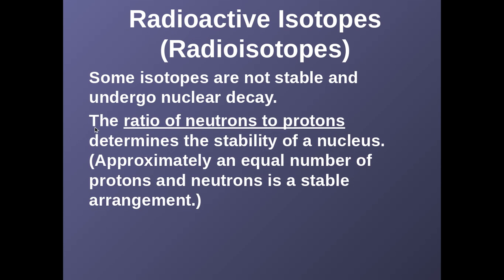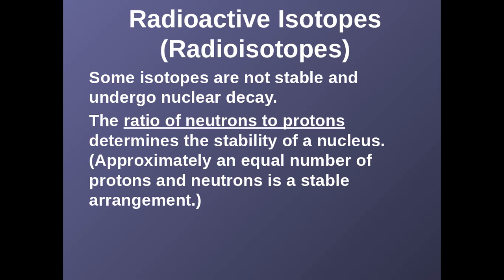The way that you can tell if an atom is going to break down or not, if it's stable or unstable, is that an atom has to have a very specific ratio of neutrons to protons. That's what's going to determine how stable the nucleus is. Approximately an equal number of protons and neutrons is stable.